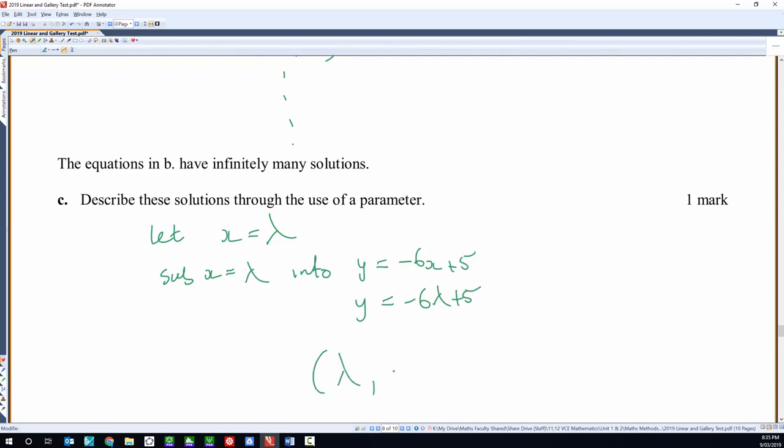You didn't have to write them as an ordered pair, but (lambda, negative 6 lambda plus 5) is the infinitely many solutions where, and this is good practice, lambda is an element, that's the worst element symbol I've ever drawn, of the set of all real numbers. So you can pop in any real number for lambda there and it'll generate a solution for you, whatever you want.